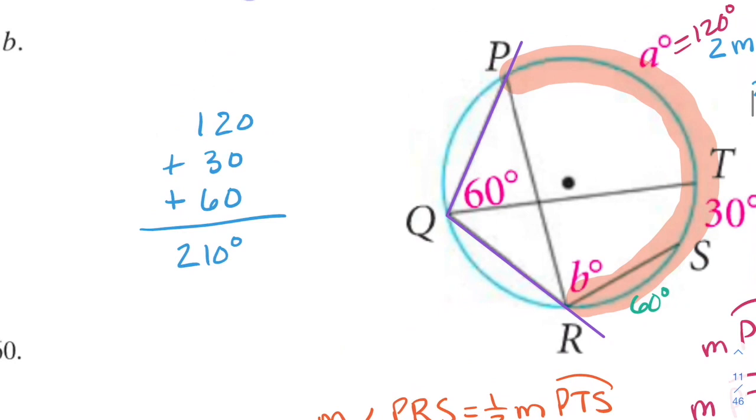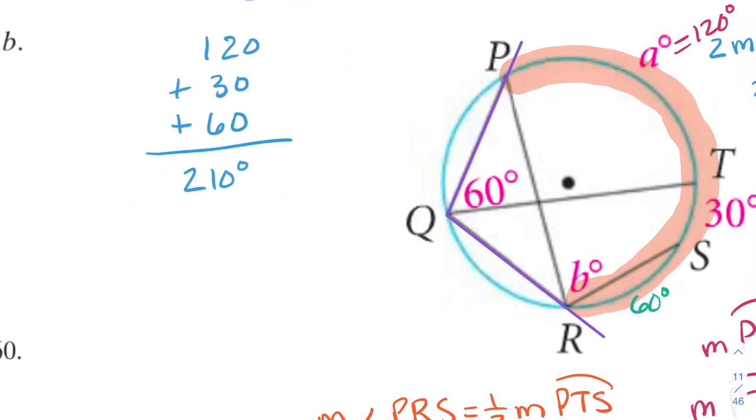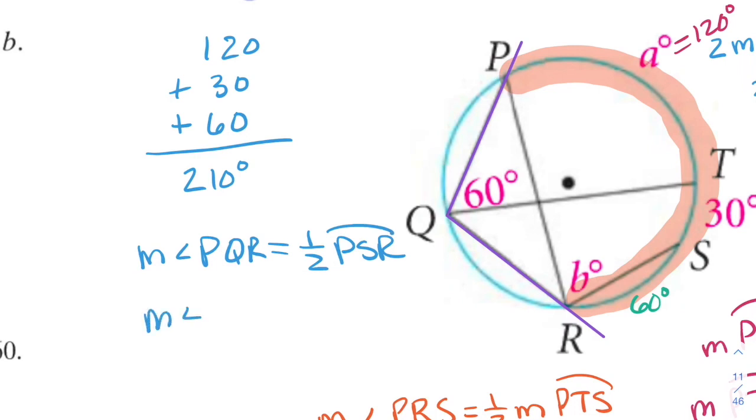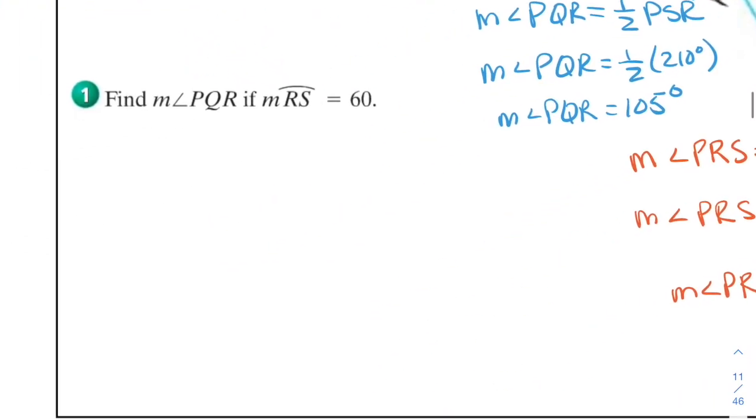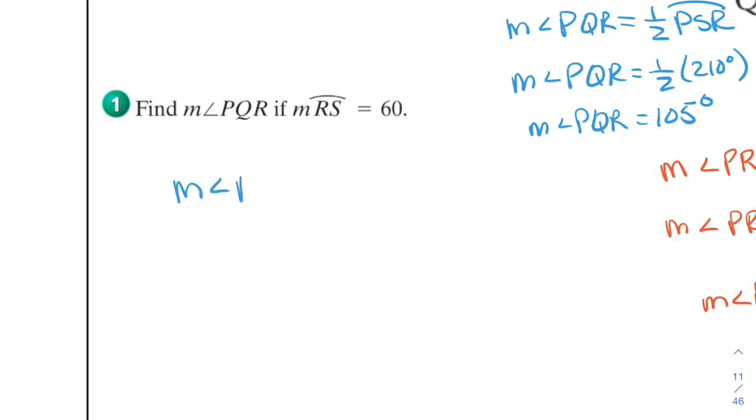So the measure of angle PQR is going to be half of arc, let's call it PSR. So the measure of angle PQR is half of 210 degrees, which is 105 degrees. So the measure of angle PQR is 105 degrees.